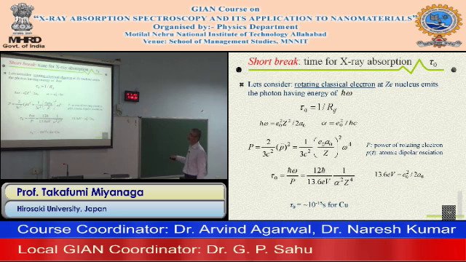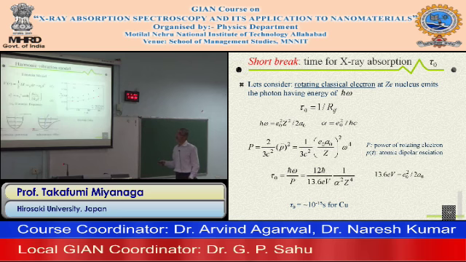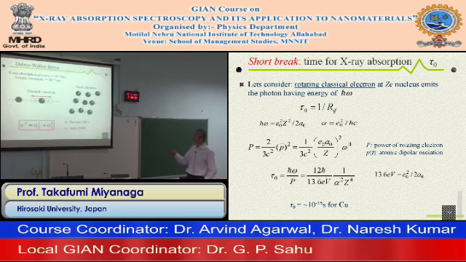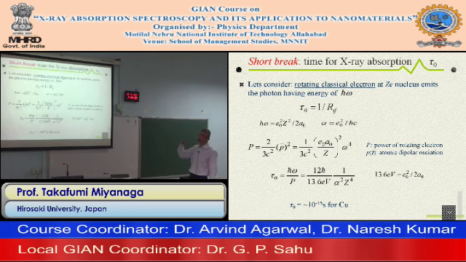So the time is calculated, and it should be about 10 to the minus 15 second. So the speed or time of the X-ray absorption process can be calculated by the classical rotating electron system.